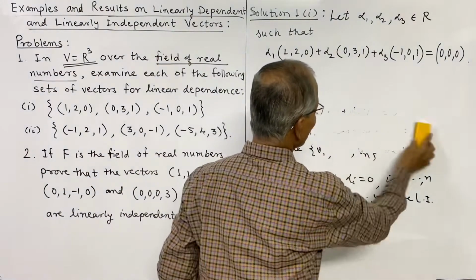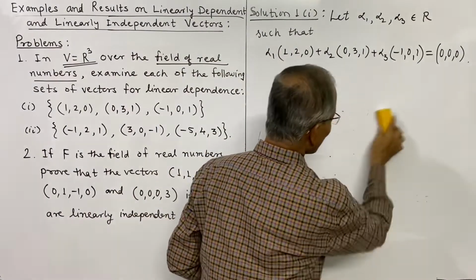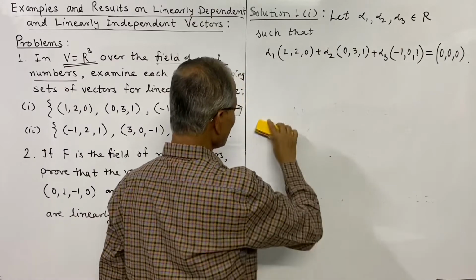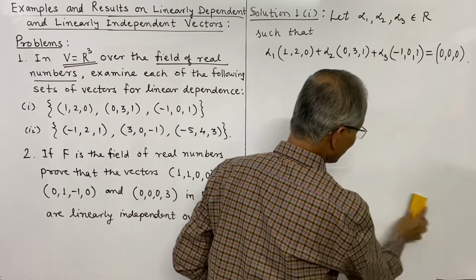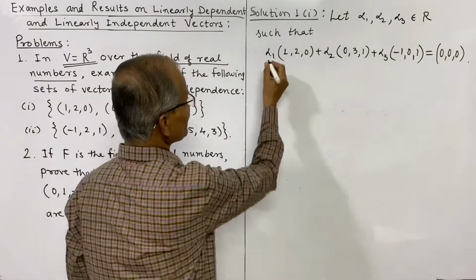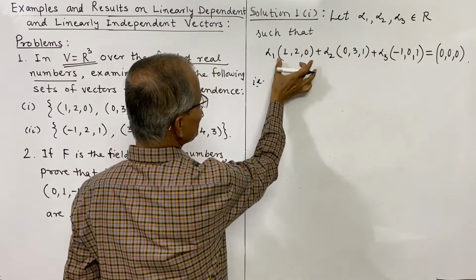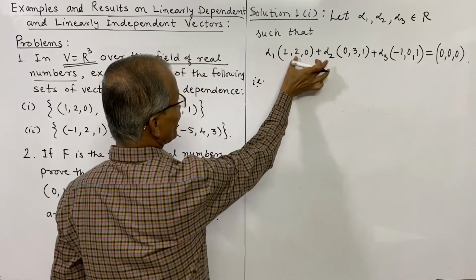Now we will simplify this to find the value of alpha. We know the scalar multiplication of a triplet that we defined in earlier examples with n-tuples. Each component is multiplied by alpha 1.